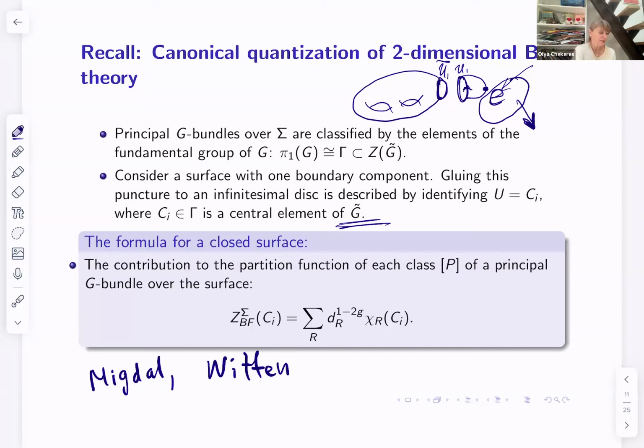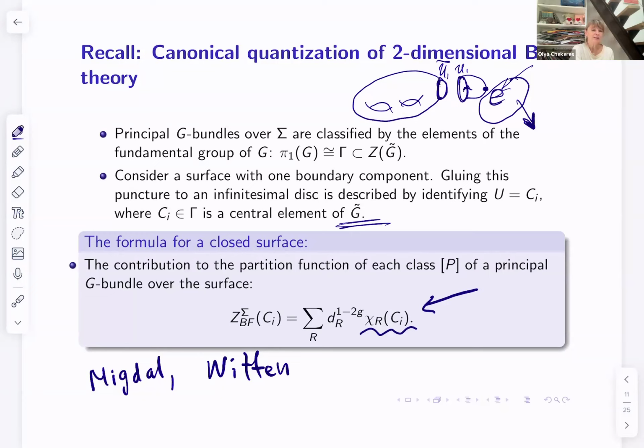Here the partition function is defined for each class of principal G bundles over the surface. So this is two-dimensional BF theory. And for each class, there is a sum over the representations. And here, this stands for the character of the representation.